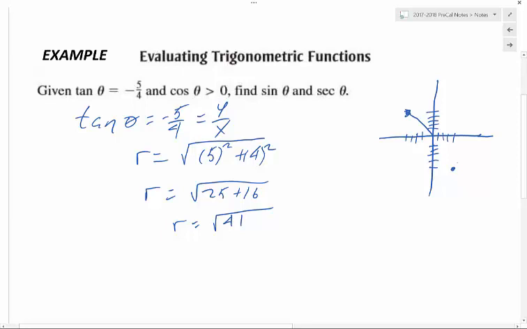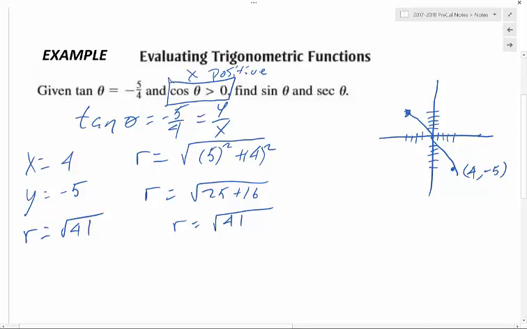So because the cosine of theta has to be greater than 0, this tells me that my x value is positive. That tells me that this is the correct point, which means x is going to be 4, y is going to be negative 5, and r is going to be the square root of 41.